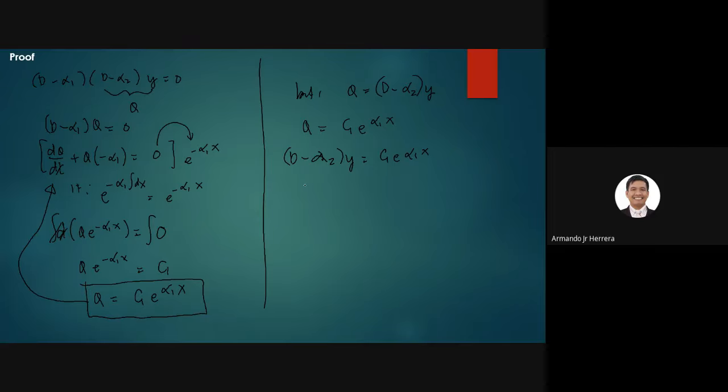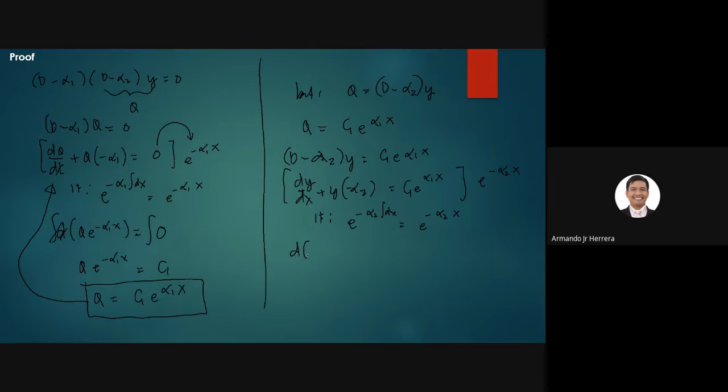So this gives us dy/dx plus y times negative alpha 2 equals c1 e raised to alpha 1 of x. So what's our integrating factor? That's e raised to negative alpha 2 integral of dx. So that's e raised to negative alpha 2 of x. And that must be multiplied to our original DE. So that's negative alpha 2 of x.